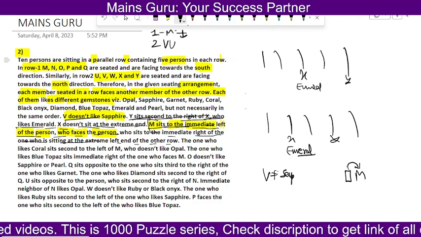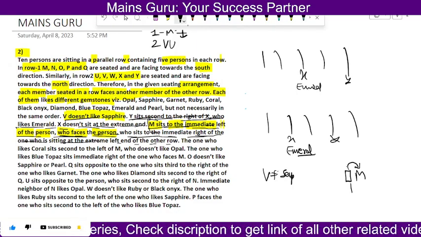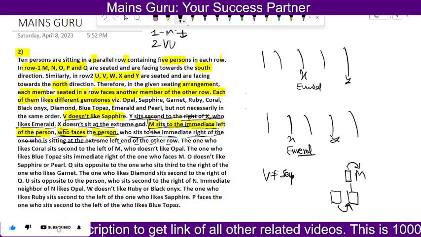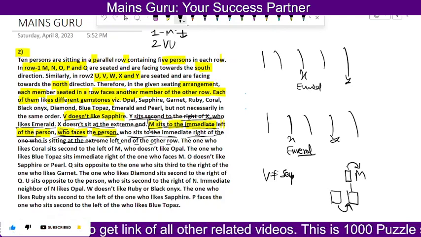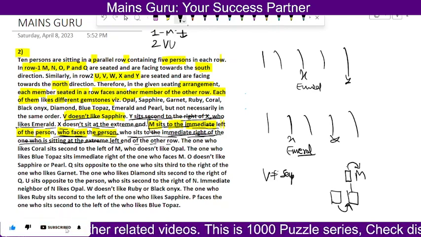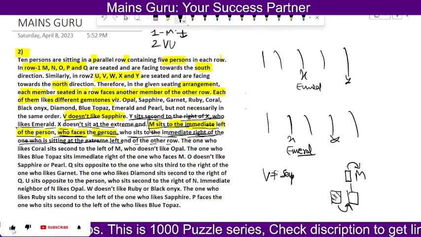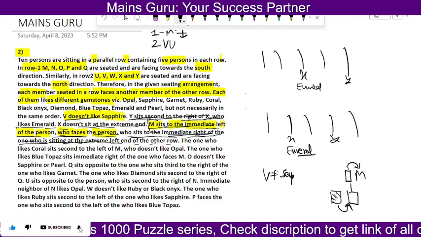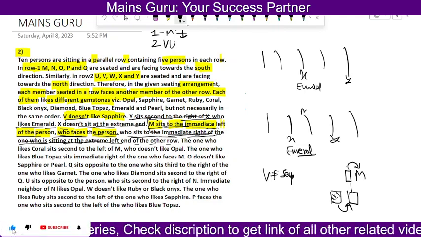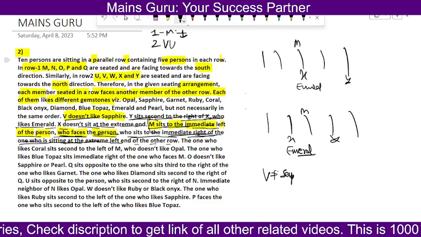The person who sits immediate right means this person is sitting to the immediate right of the person who is sitting at the extreme left. Suppose that. Now imagine this condition here. If this is the person, then where will M go? In this condition M will go here, and the same for here also. So we have completely used this sentence up to here.